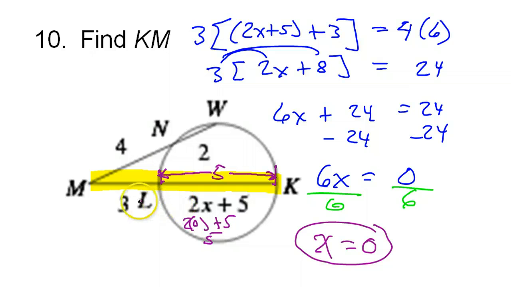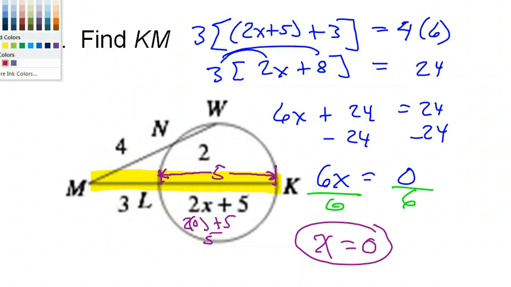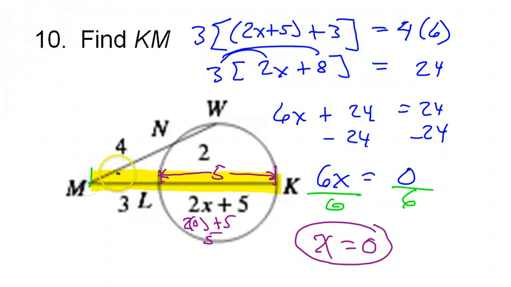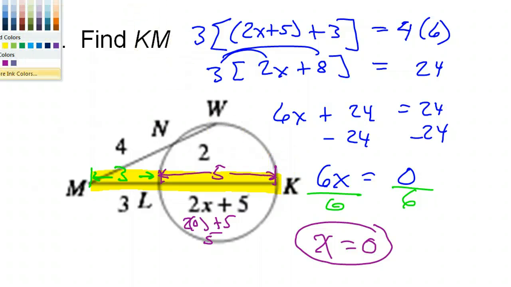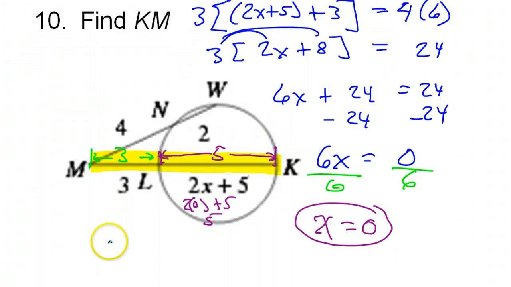And meanwhile, this distance is 3 from here to here. So guess what the total distance is? Yeah, 8. So Km is 8.